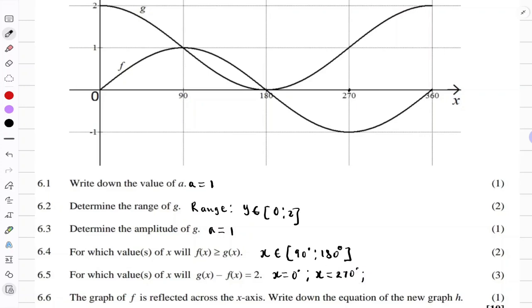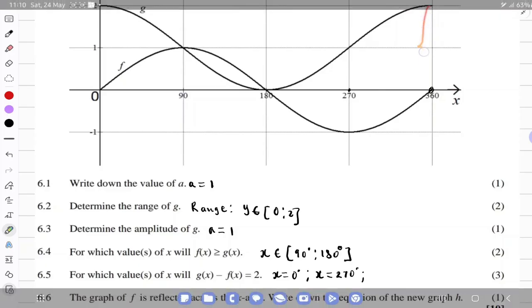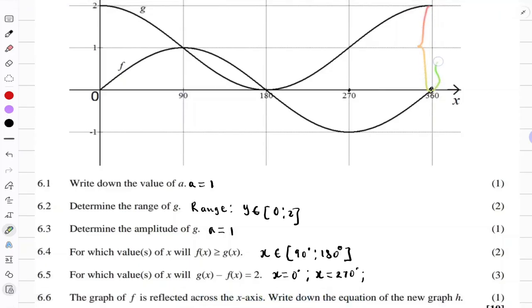And if you subtract the y values for g of x and f of x, you will see that this happens at 360 degrees, because g of x is above f of x by 2 units. That is 1, 2. So the final solution is x equals 360 degrees.